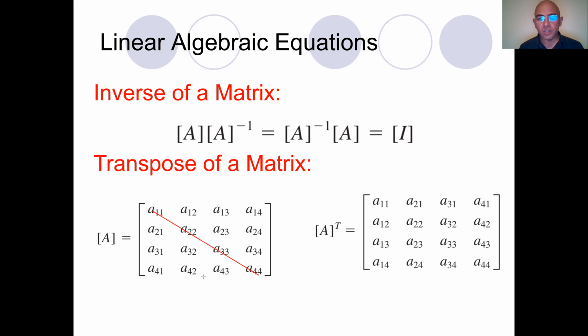Even though the matrix here is square, it doesn't necessarily have to be a square matrix. I want to take the transpose of a matrix. So what is the transpose? Simply what I do in this case is I interchange the places of the rows and columns.